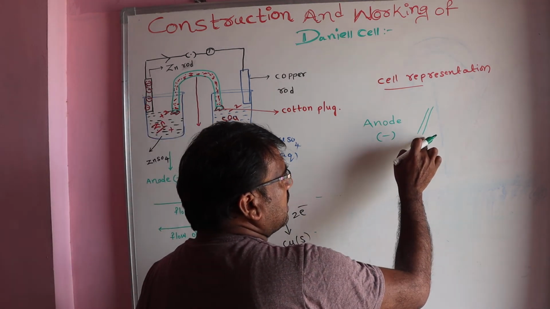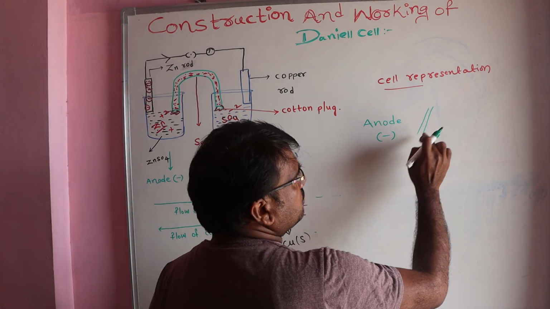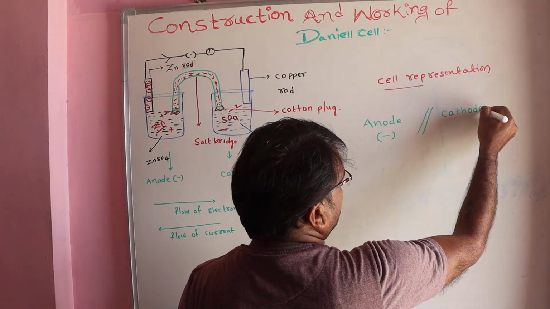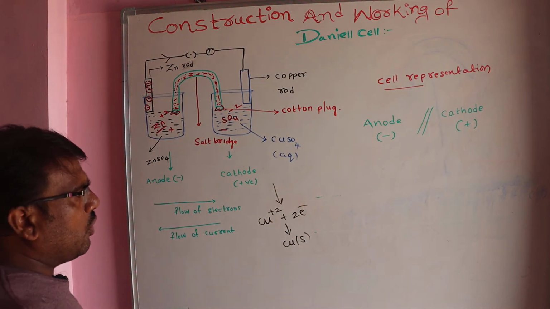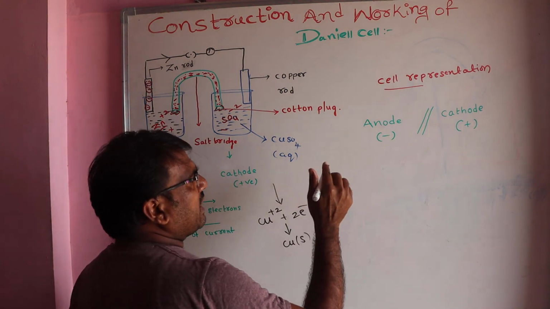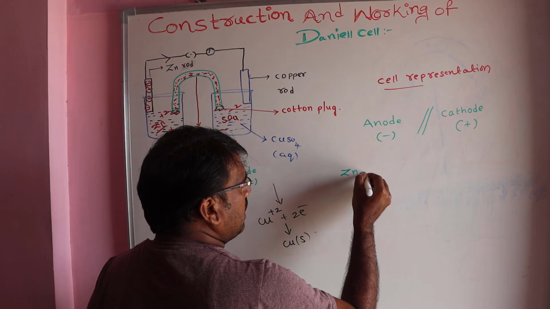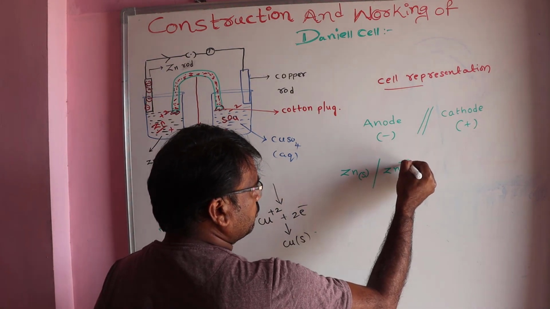This double vertical line indicates the presence of the salt bridge, and we should write the cathode, the positive electrode, on the right side. Now in this cell, what happened? At the anode, Zn solid is converted into Zn plus 2 ion.